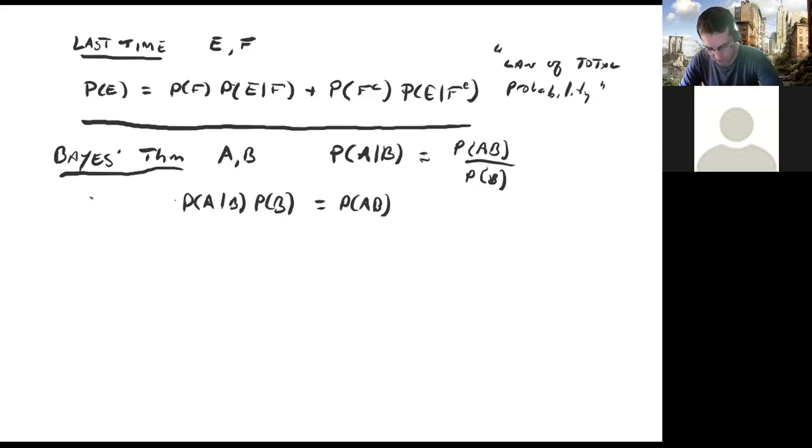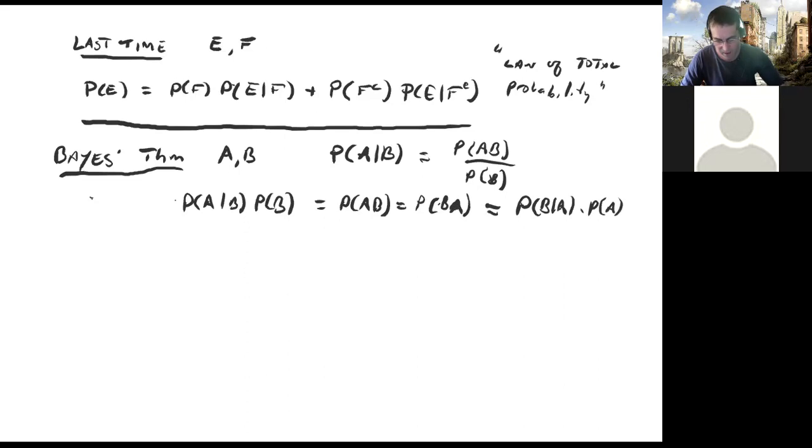But we can also rewrite this in the following way. It's the same as the probability of B intersect A, and by switching the roles of A and B, this is the probability of B given A times the probability of A.